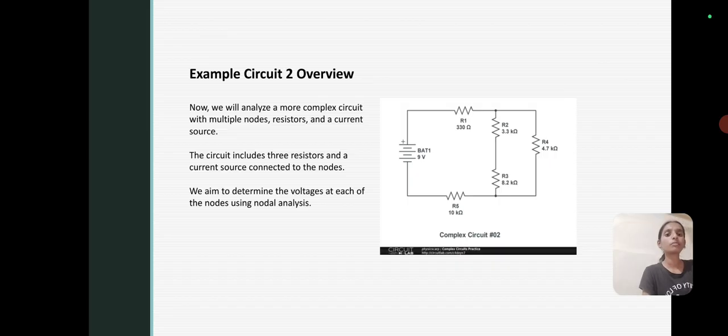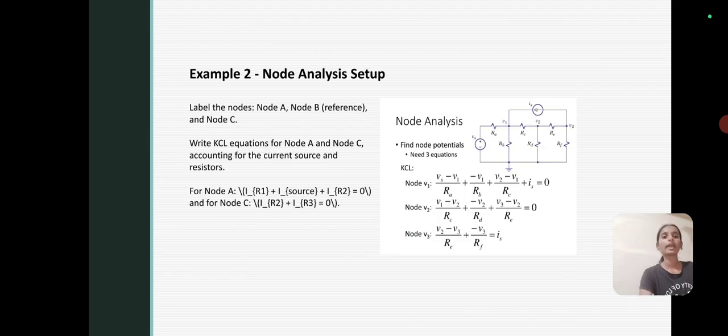We aim to determine the voltage at each of the nodes using nodal analysis. Example 2. Nodal analysis setup. Node A, Node B, and Node C. In this circuit, we'll be having three nodes: Node A, Node B, and Node C.